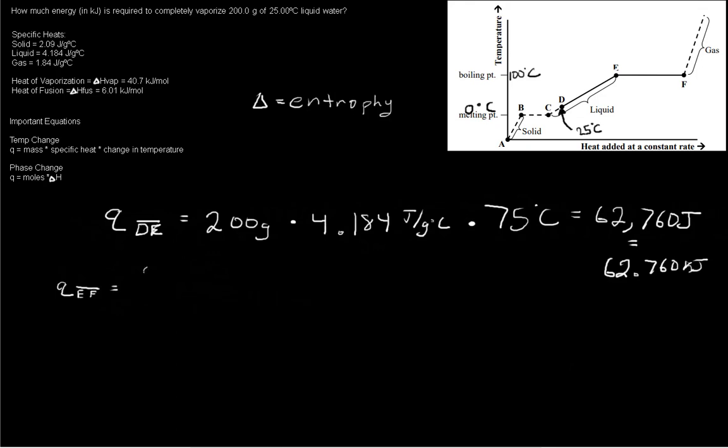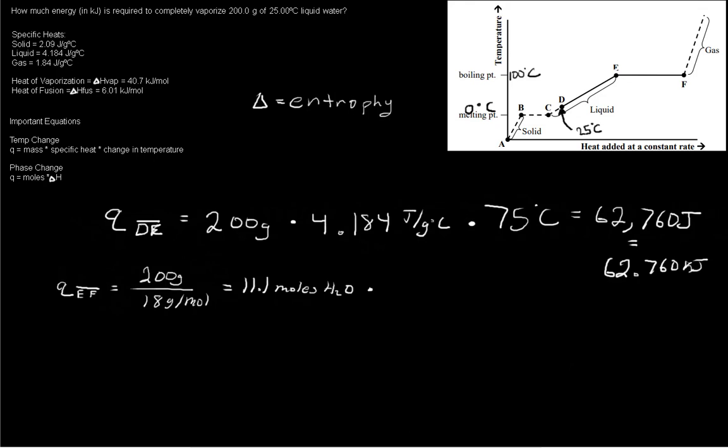So how do we get moles? You take the amount given to you and divide that by the molar mass. The molar mass of water is 18 grams a mole, and that leaves you with about 11.1 moles of water. So now we multiply that by the delta H. The delta H can be two things.